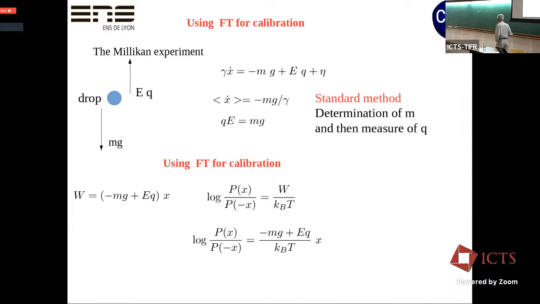The electric field is already known, so I can measure the charge of the drop. So again, I can do the experiment of Millikan without any need of calibrating the viscosity.